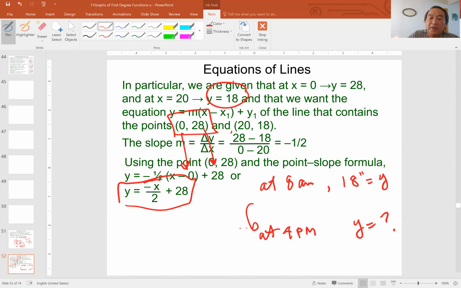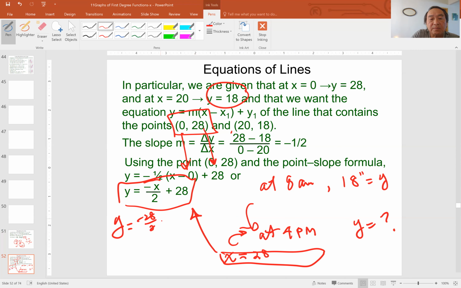Well, at 4 p.m., x is what? x is 20 at 8 a.m., sorry. And so at 4 p.m., that's 8 hours later, so x is 28 at 4 p.m. So I can plug 28 into these equations: y equals 28 over 2 plus 28, and I wind up with y equal to 14. 14 what? 14 inches.